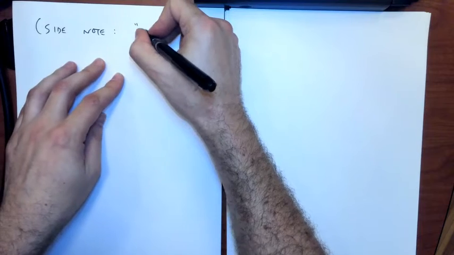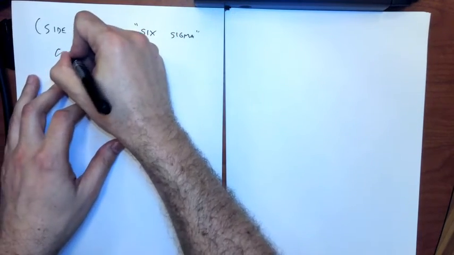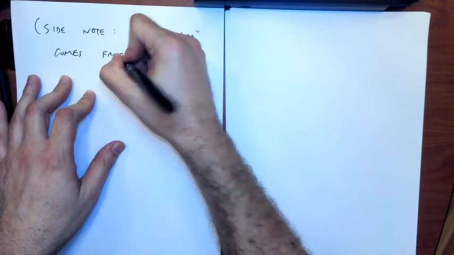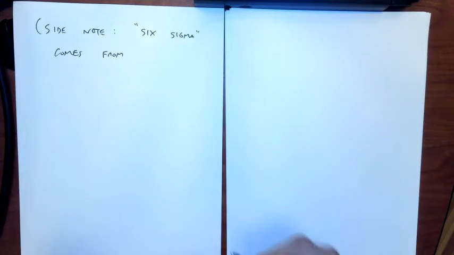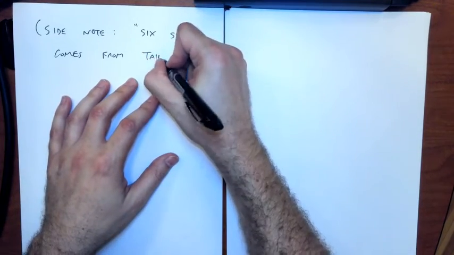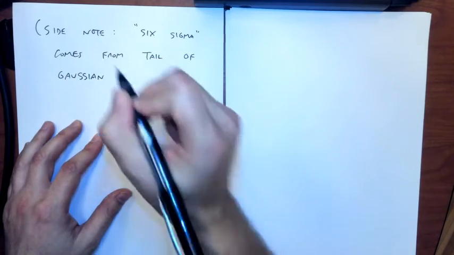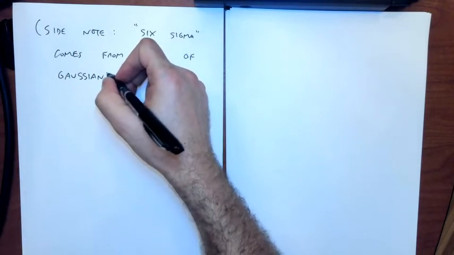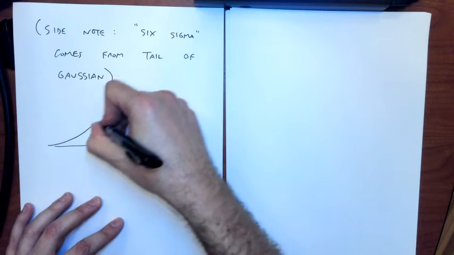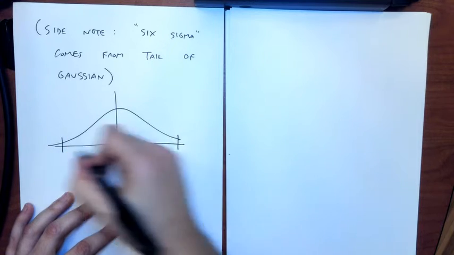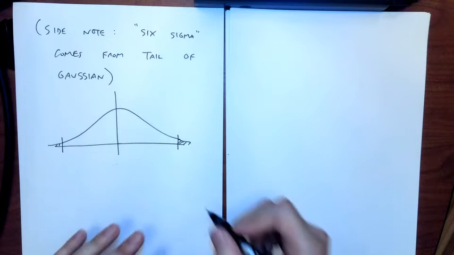This idea of Six Sigma comes from, well, the way it's actually defined is, and if you're a business major, don't come after me for how inaccurate this may be, my understanding is basically that you look at the Gaussian distribution and you want this tail value to be vanishingly small, right?